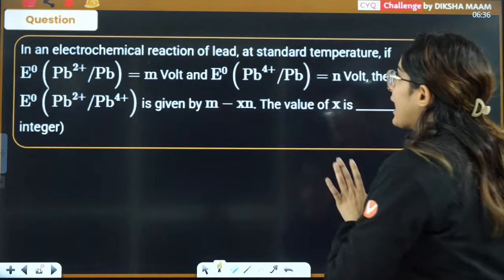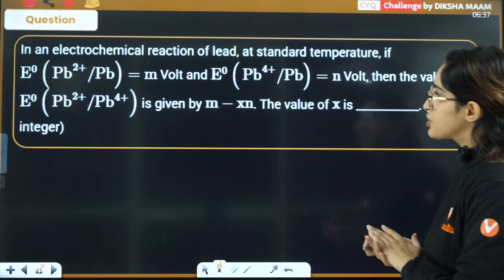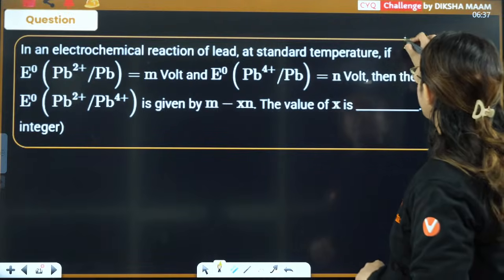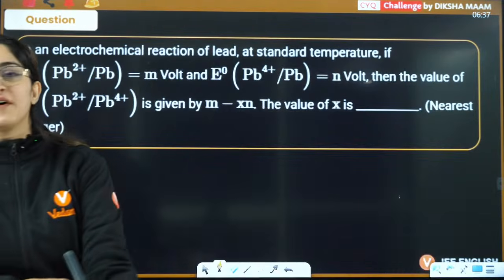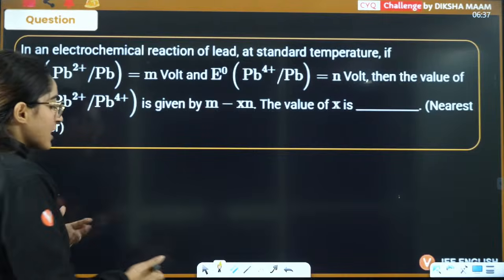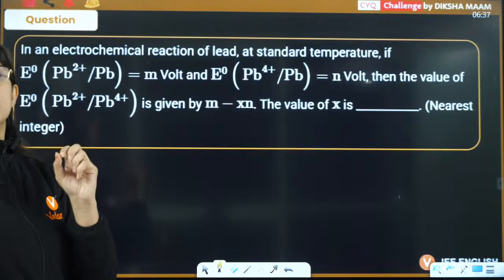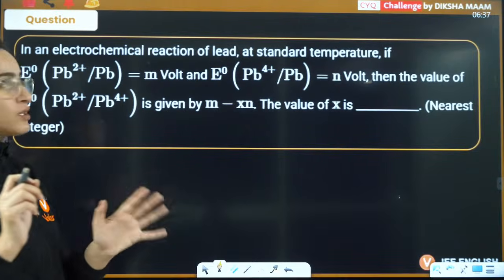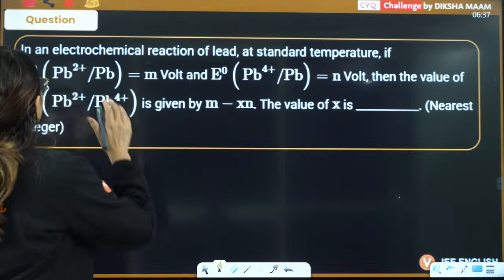Next, guys, we have an electrochemical cell of lead at standard temperature. This is also a very important question. All of these are important questions, right? In this case, what we should remember is that Gibbs free enthalpy is conserved, E cell is not conserved. So we have three things here. First is Pb.